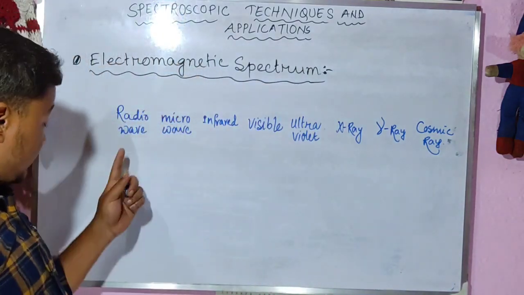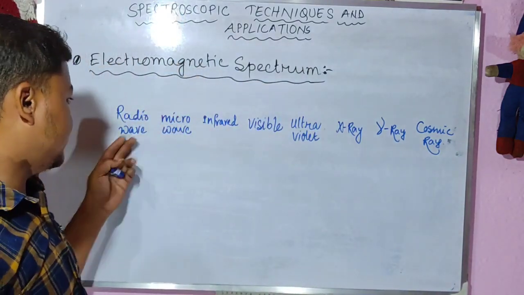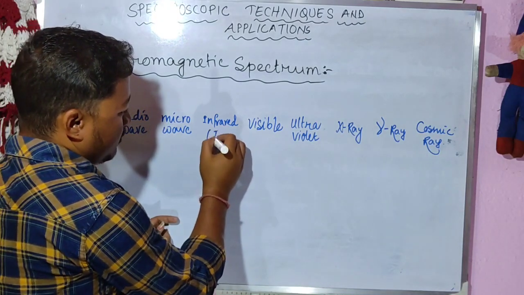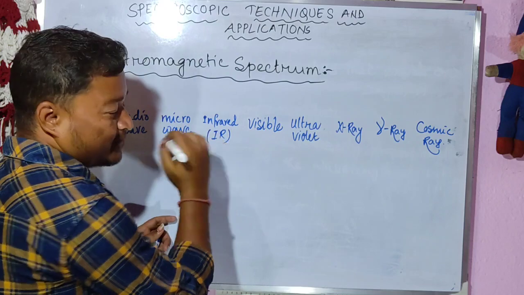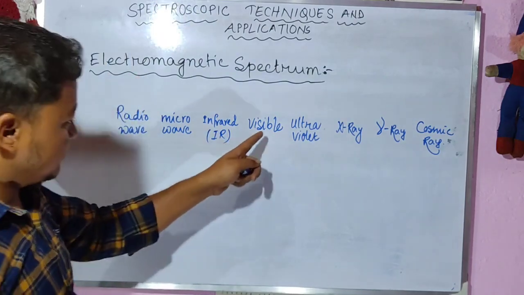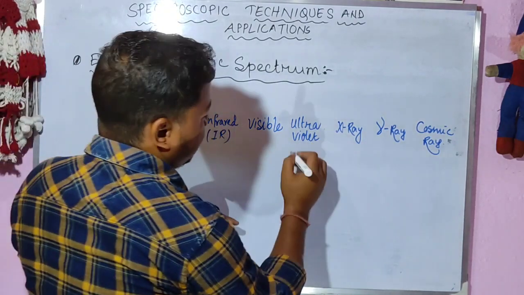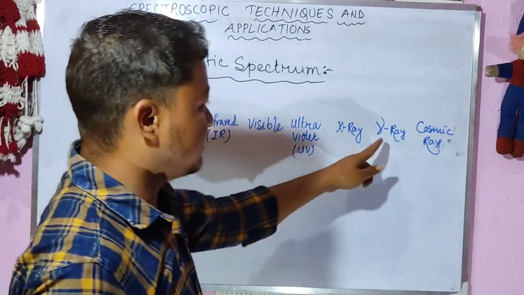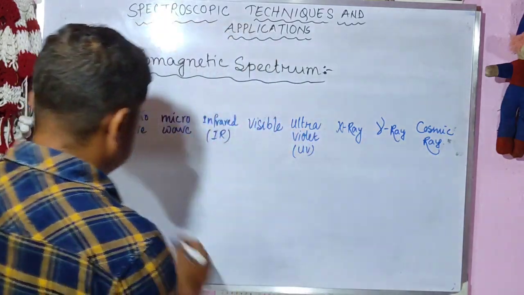So the lowest energy is radio wave, then microwave, then infrared, commonly known as IR, then visible, then ultraviolet, UV, then X-ray, gamma ray, and cosmic ray.